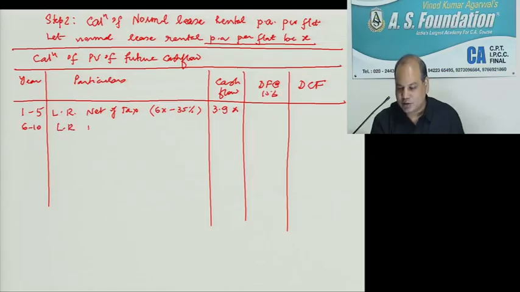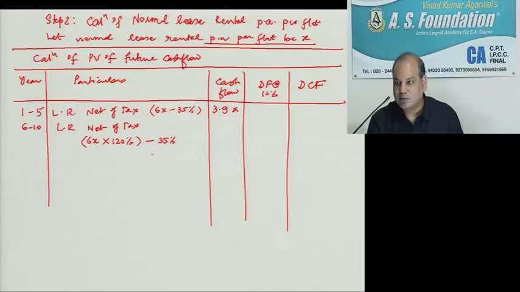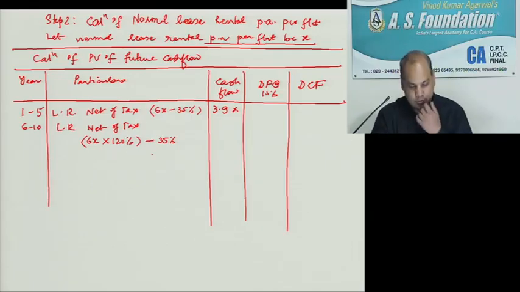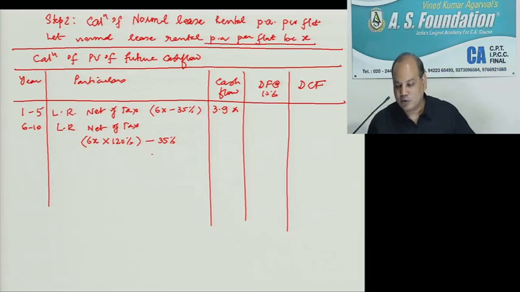6 to 10 write down. Lease rental net of tax. So now 6x into 120% and minus 35%. First, this rent will increase by 120%. Rent will be 120% of normal.